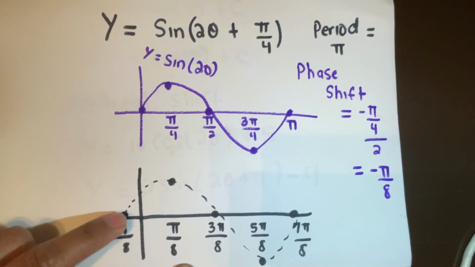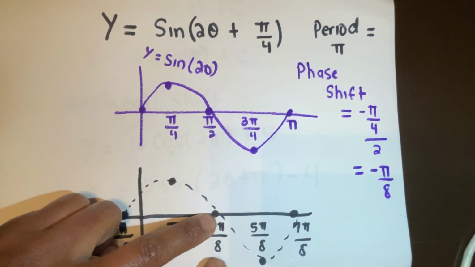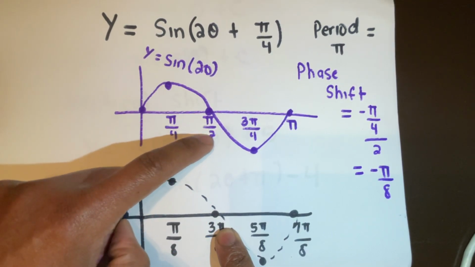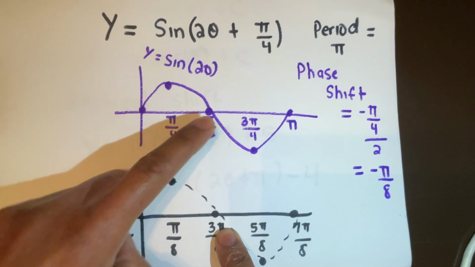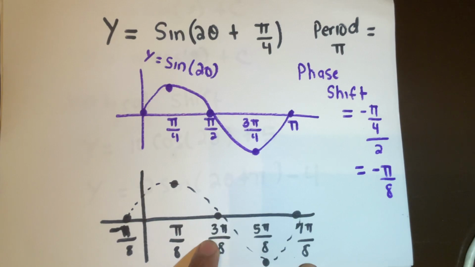So that's why here you see I'm going from 0 to 1. Now to get this next one, I'm just going to take pi over 2 minus pi over 8, and that's going to give me 3 pi over 8. So as you can see, each time we're still adding pi over 4, and pi over 4 is the same thing as 2 pi over 8.